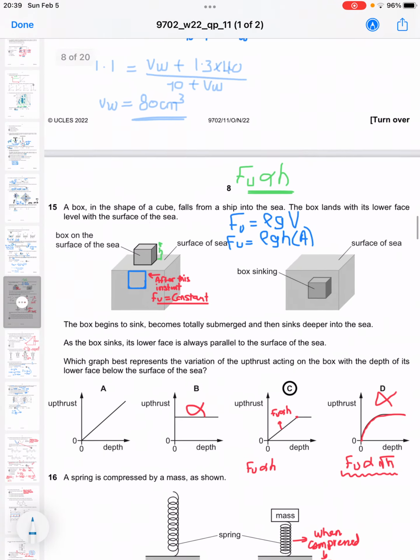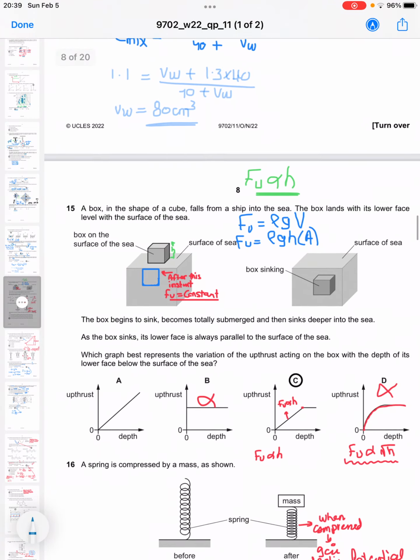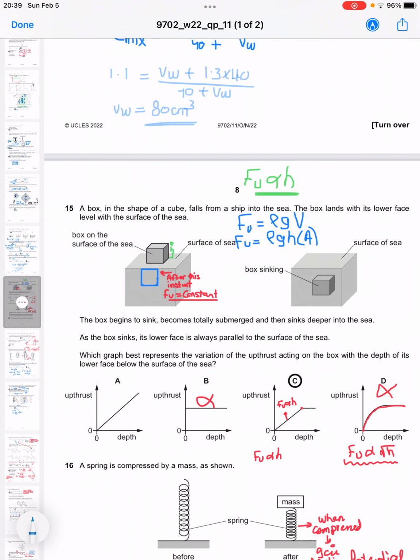Question number 15 says that a box initially at the top is being dropped into the surface, and which graph shows upthrust versus depth.